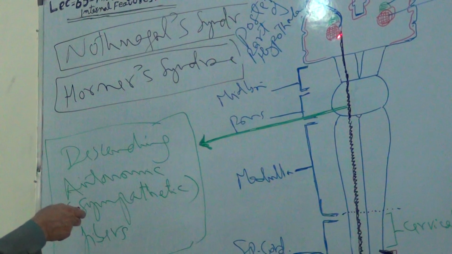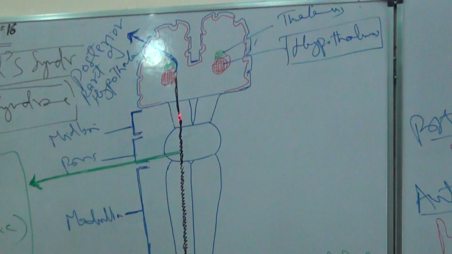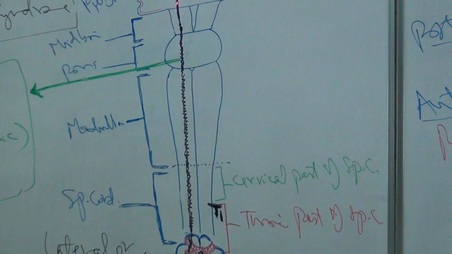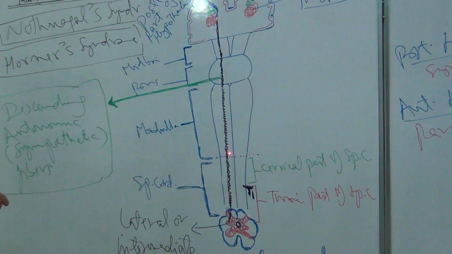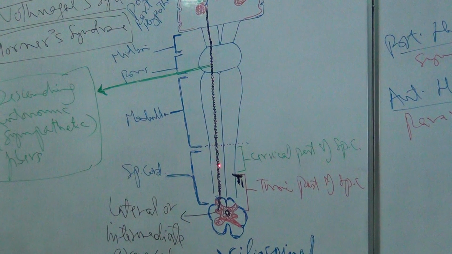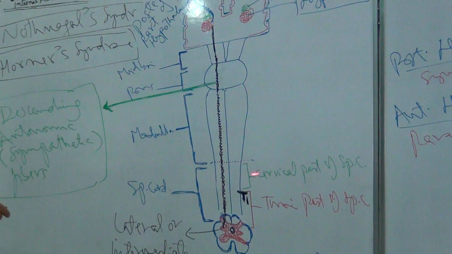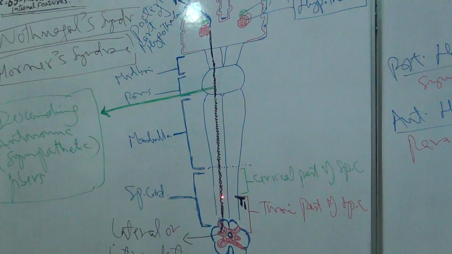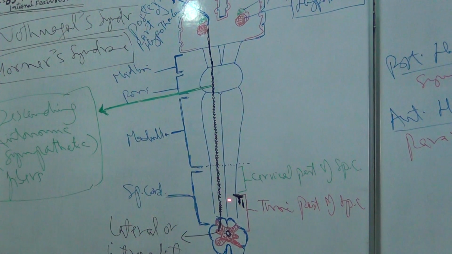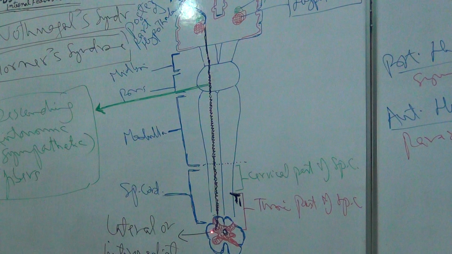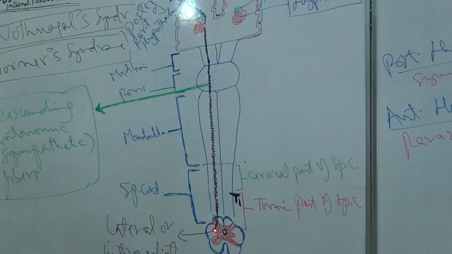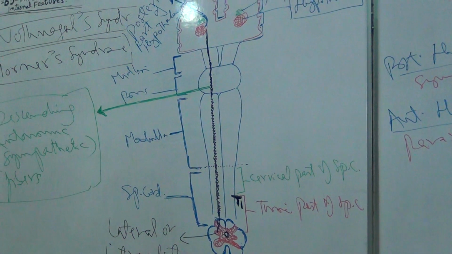This bundle of fibers descends through the brainstem posterolaterally through the midbrain, pons, and medulla oblongata, continues to descend through the cervical part of the spinal cord, and enters the first thoracic spinal segment, where these fibers synapse with the ciliospinal center, which is located in the lateral and intermediate horn of the T1 spinal segment.